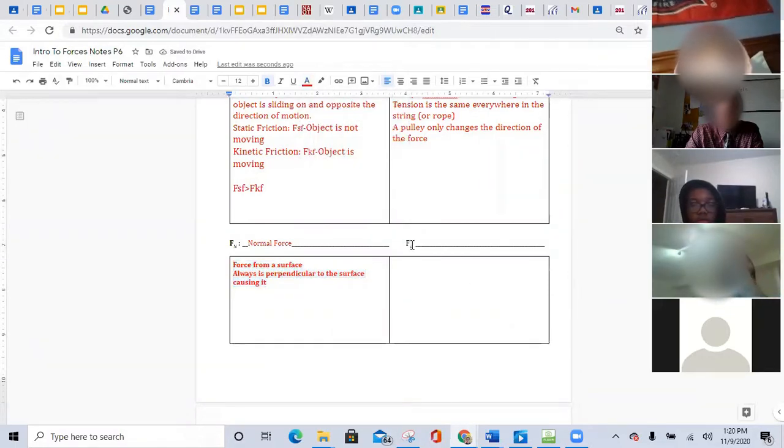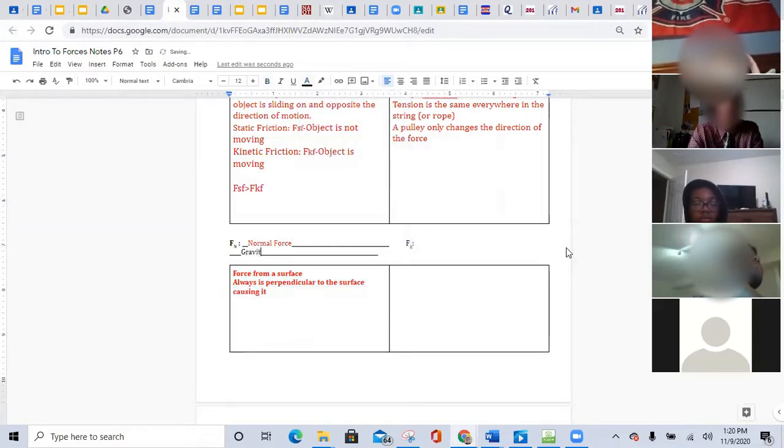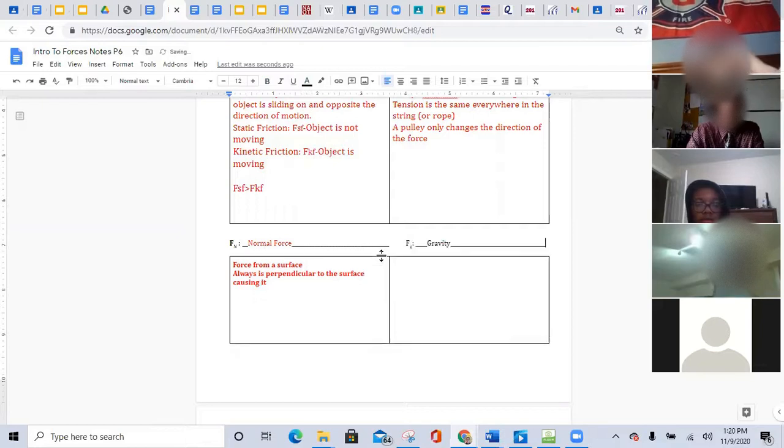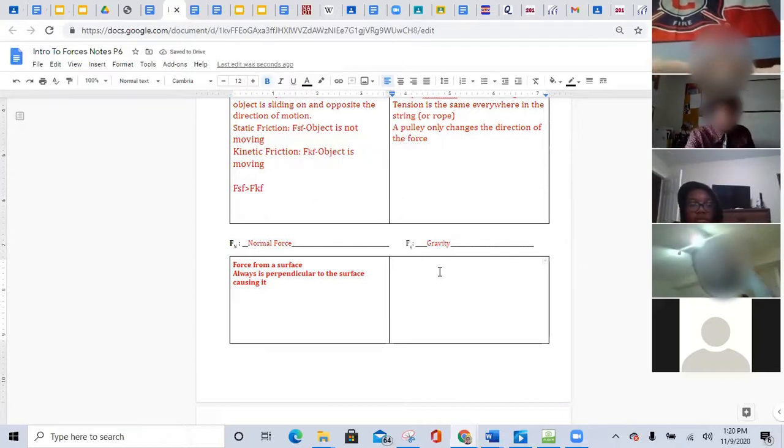And then F_G, you are likely familiar with. It is gravity. It is the reason why people get hurt when they're up on the roof. It's also a pretty good force, although admittedly, it's a weak force, and we're going to talk about that later.